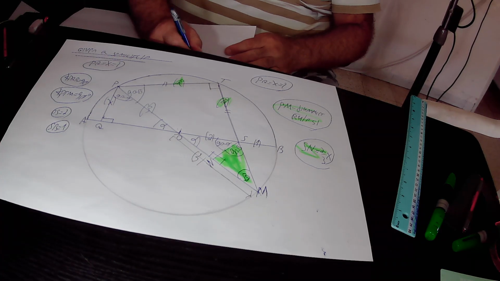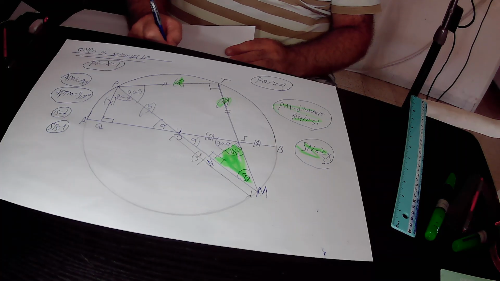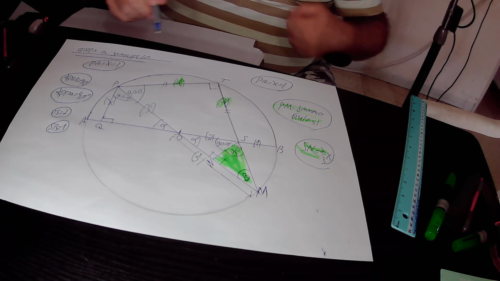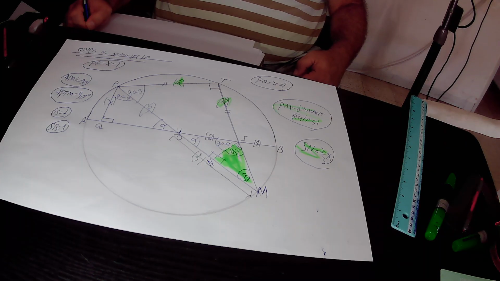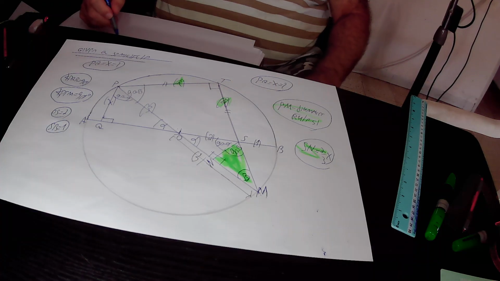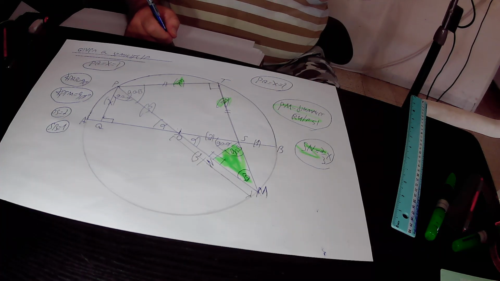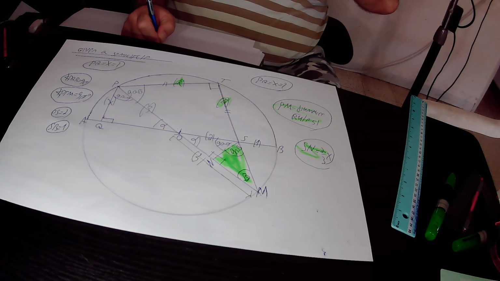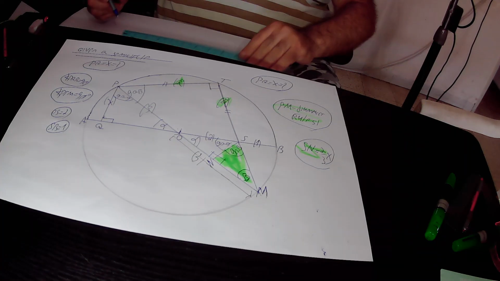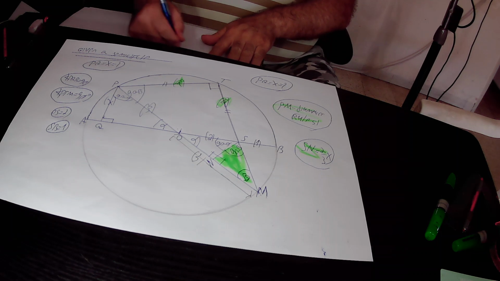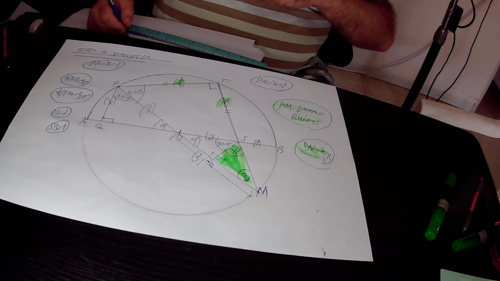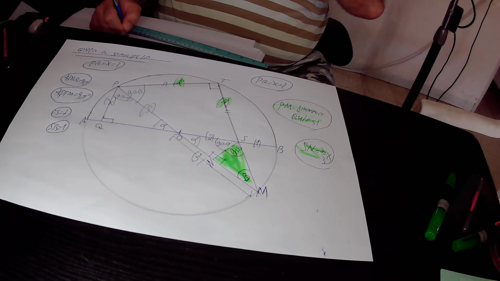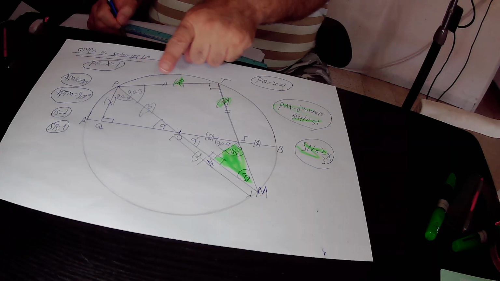We found out that in our drawing, chord TM intersects with chord AB at point S. The intersection point occurs at point S. And therefore, according to rule 15, the following equation will be true, that TS times SM equals AS times SB.